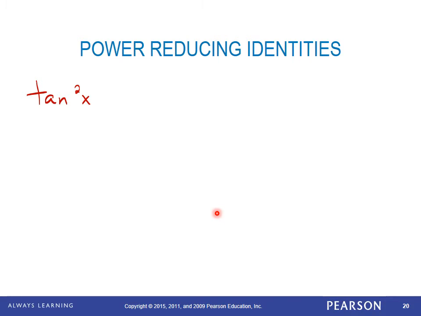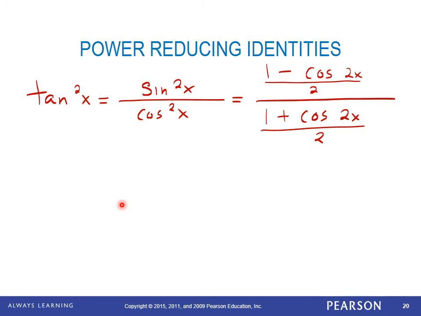And since we have already done those in the last 2 slides, how about we get the results from them so we can figure this out? So let's do this here. Tangent squared of x is really going to be sine squared of x over cosine squared of x. We just got those, and those are the ones that we just figured out. So what happens here? I think the 2's get canceled. That's about it.